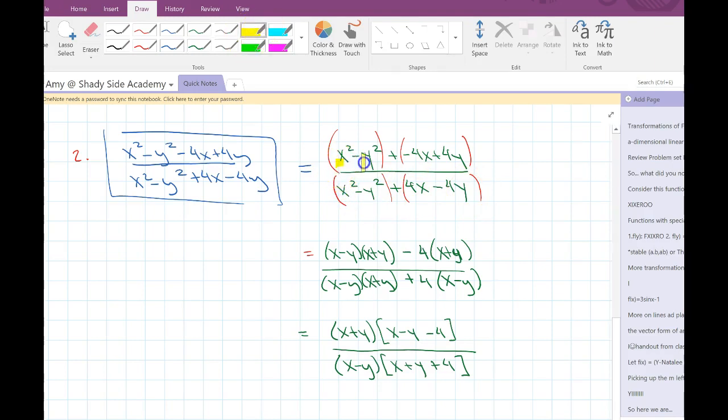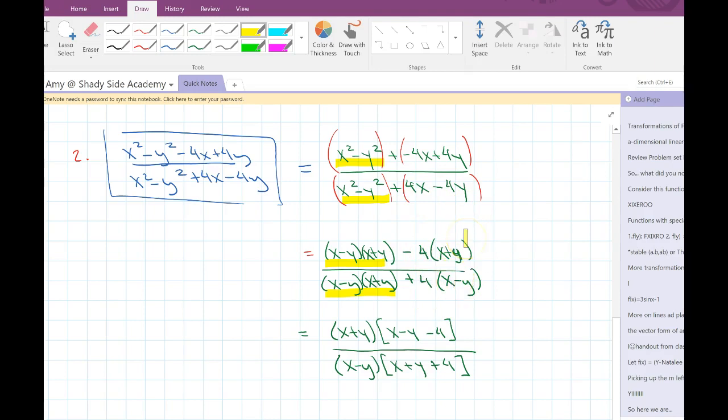Look how x squared minus y squared factors as x minus y times x plus y. And then in the numerator, if I factored negative 4 out, I'm left with an x plus y. And in the denominator, if I factor positive 4 out of the second grouping, I'm left with x minus y.